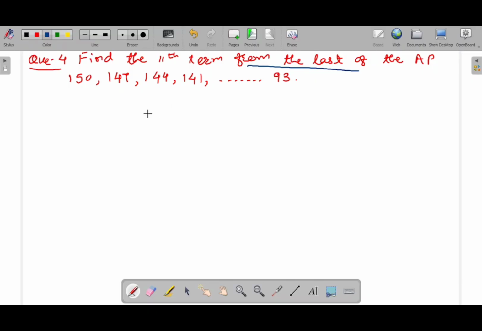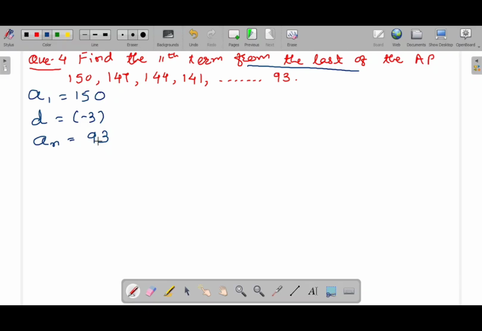If you observe here, you will get a1 is 150, common difference is minus 3 and an is 93. Now you don't know what is n, the number of terms. If you know the last term number, let's say it is 25, then you can go backward and calculate the 11th term from last.